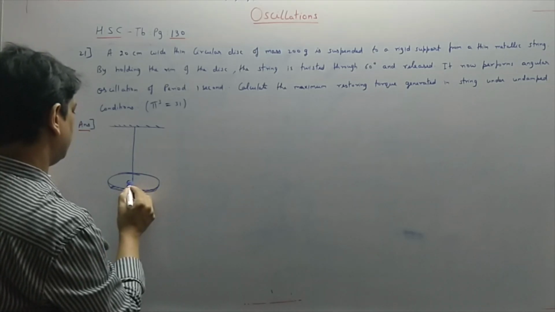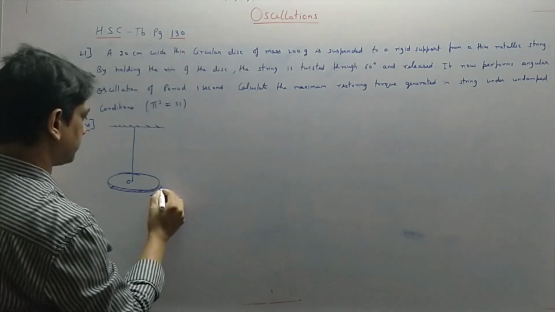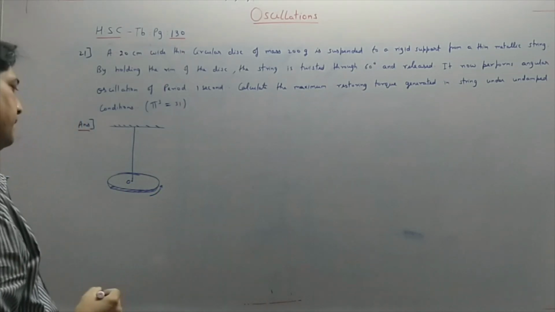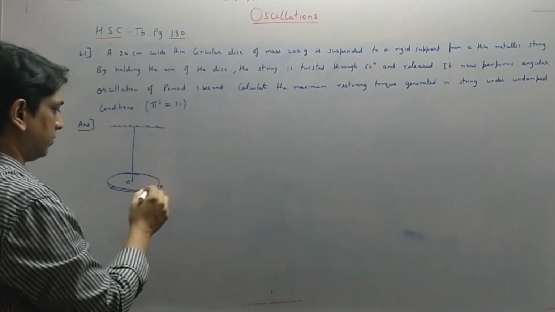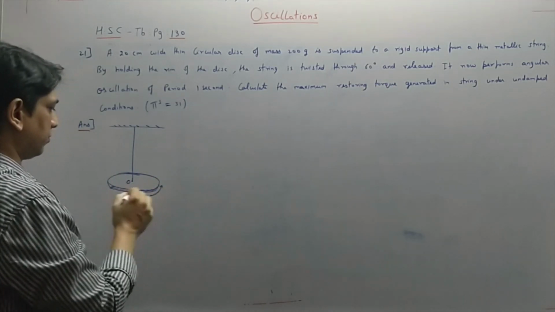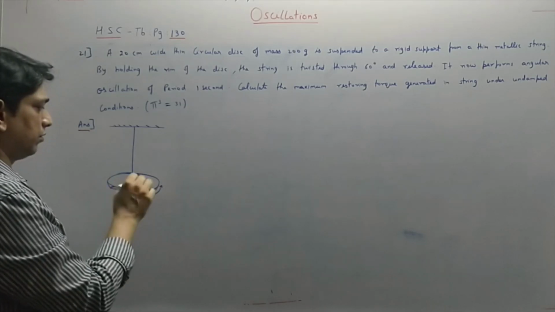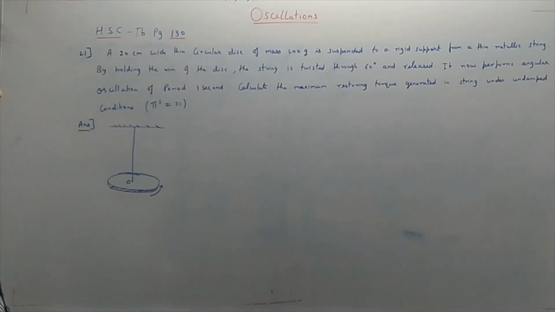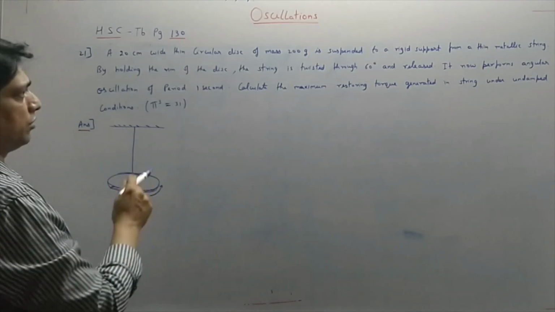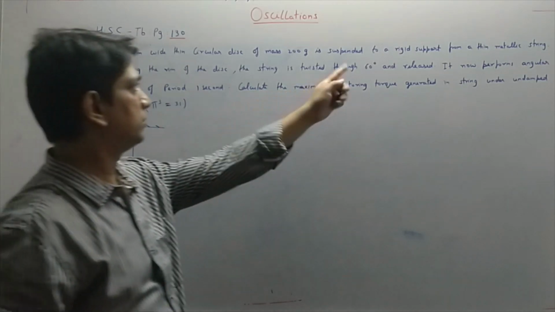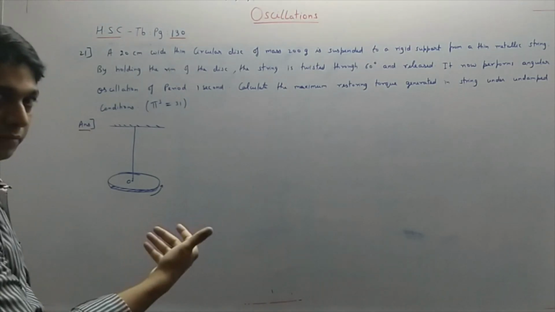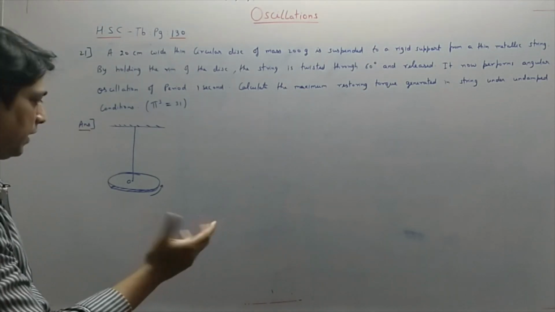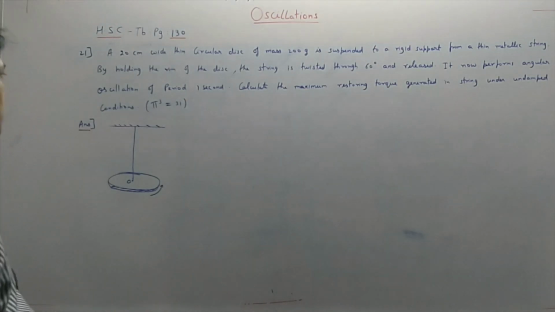Then you give a small angular displacement so that it twists, and it will oscillate clockwise and anti-clockwise. It is twisted through 60 degree, and it will perform angular simple harmonic motion.